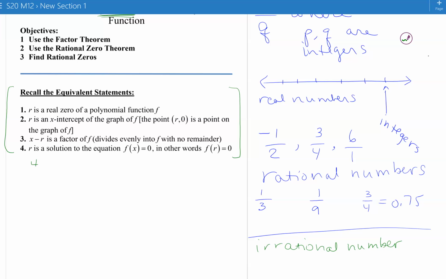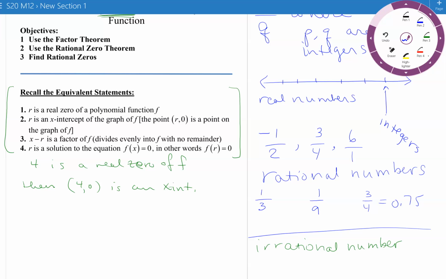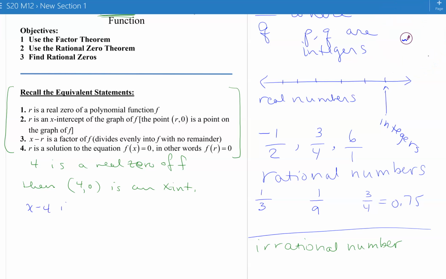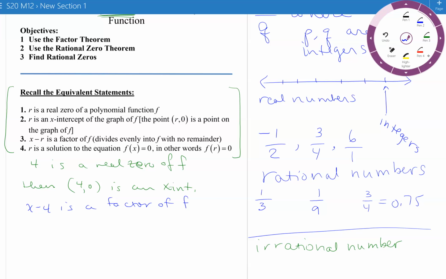So suppose 4 is a real zero of your polynomial function. Then number 2 tells us the point (4, 0) is an x-intercept of the graph of the polynomial. Then we also know that x minus 4 is a factor of f, which means it divides evenly into it with no remainder.